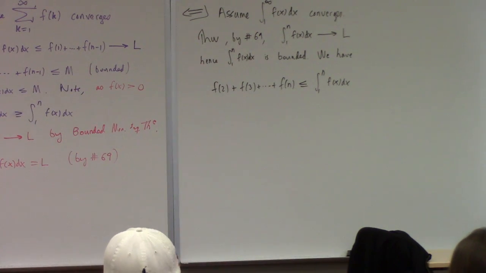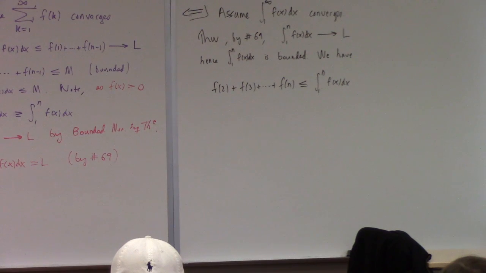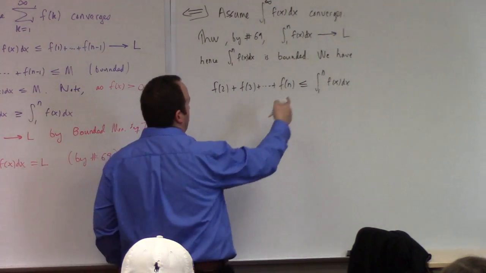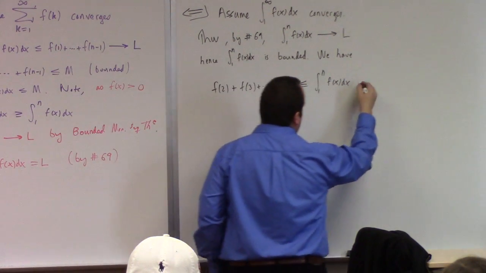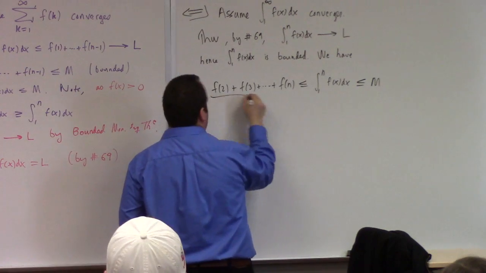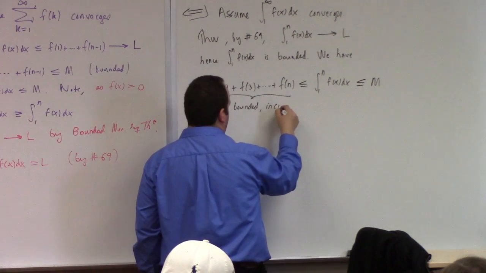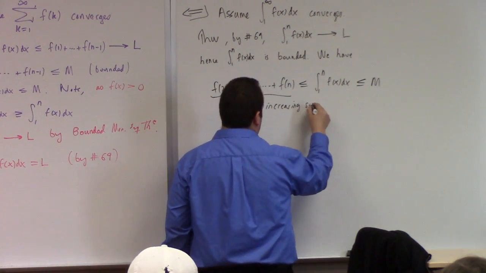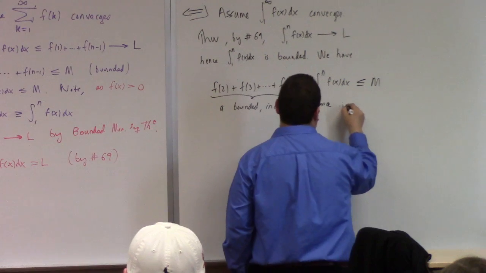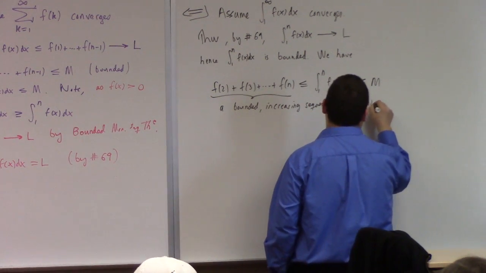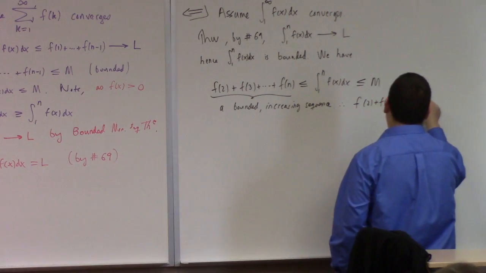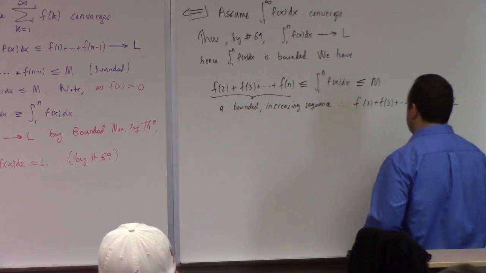So what this gives us is that the sequence of partial sums for the series formed with term f sub k is likewise bounded and increasing, and hence by the monotonic sequence theorem converges. So if this is bounded, it follows that this is also a bounded increasing sequence. Therefore, f of 2 plus f of 3 plus dot dot dot plus f of n converges to L.